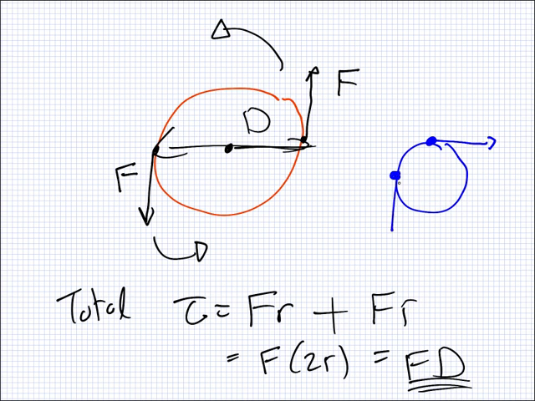The top one goes left, and this one goes down. We're still doing it. Yes, the turning force is still going to be FD from here, and this one is also FD. Yeah, the same.